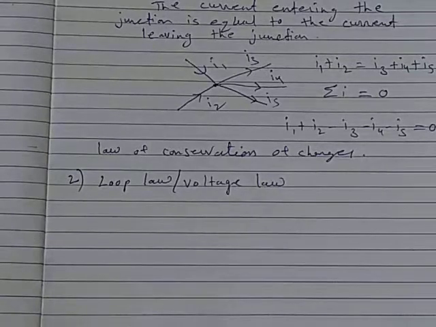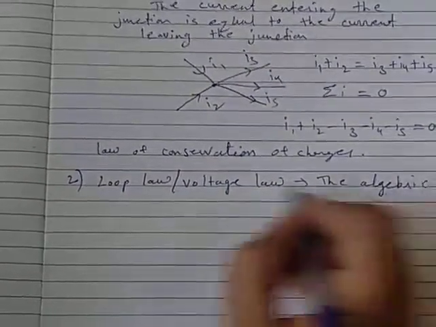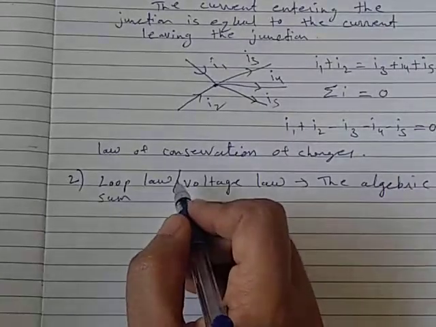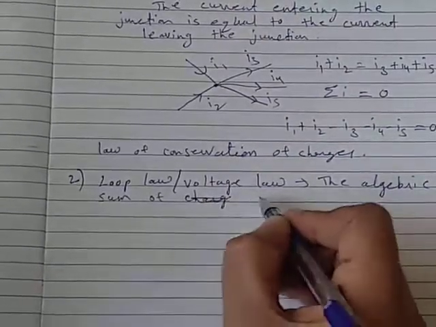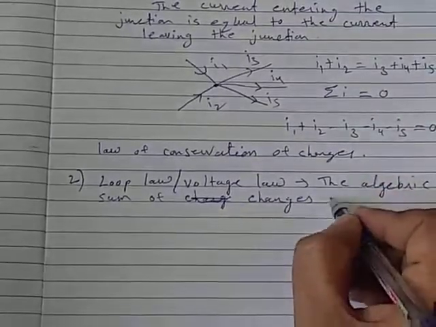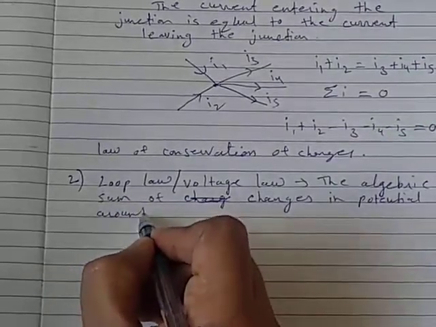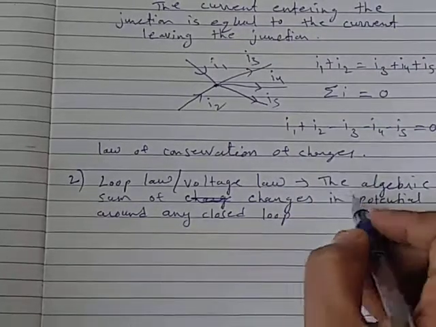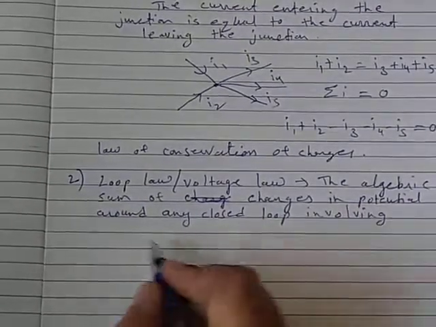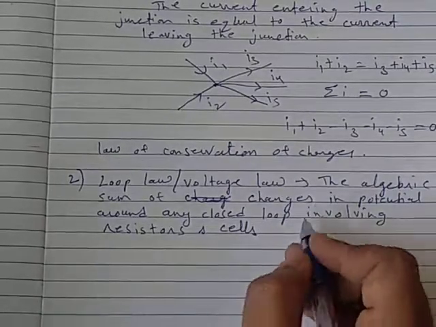What does this loop law say? The algebraic sum of the changes in potential around any closed loop involving resistors and cells is zero.